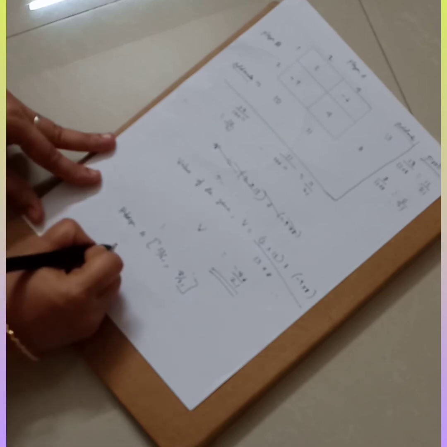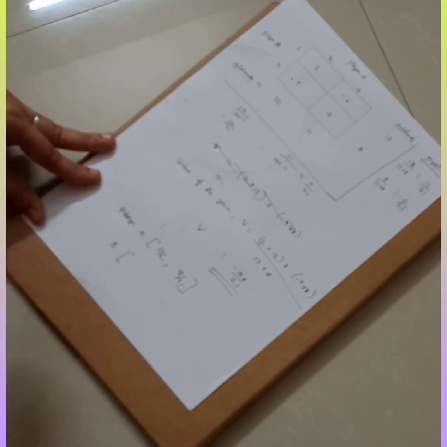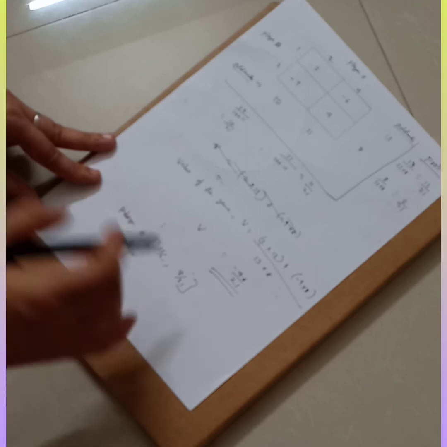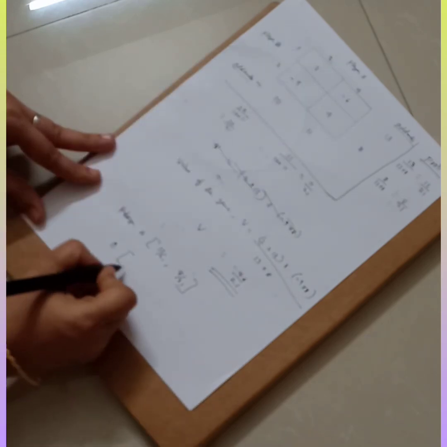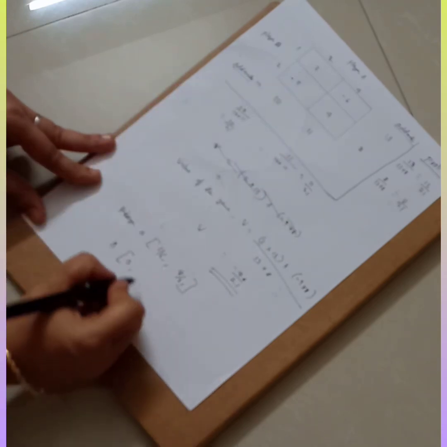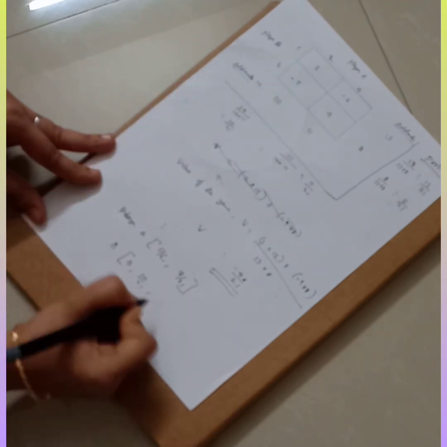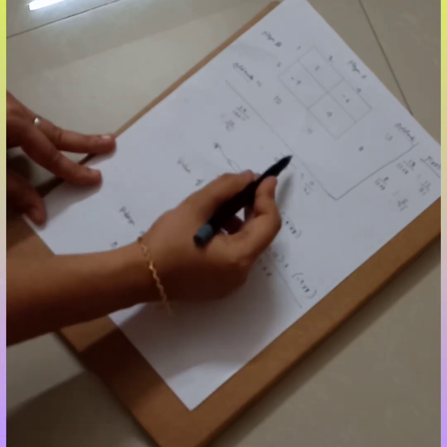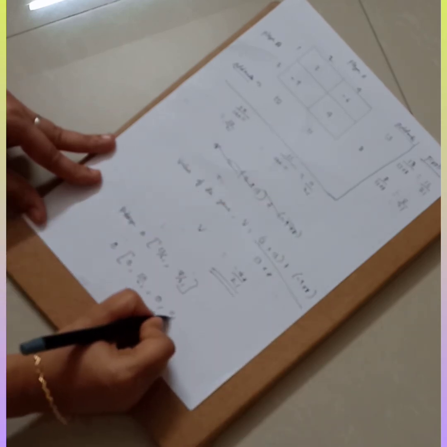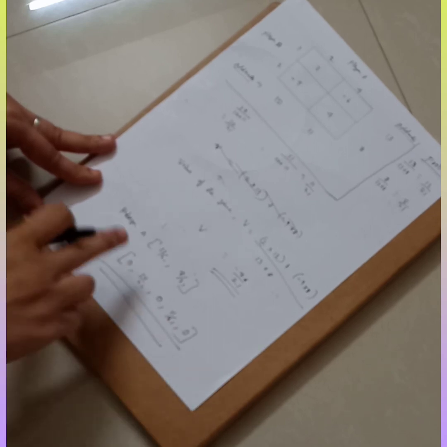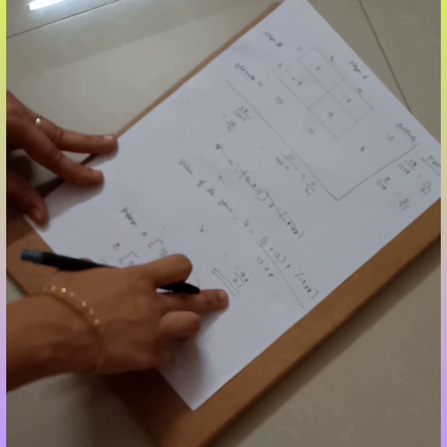Coming to player B, player B already had 5 strategies, so out of that we have selected only 2. The first strategy is 0, the second strategy probability is 10 by 21, the third strategy is 0, the fourth strategy probability is 11 by 21, and the fifth strategy is also 0. So these are the strategies of players A and B, and this is the value of the game.